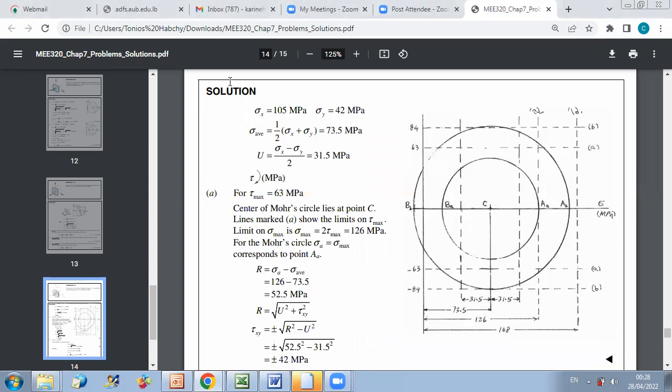So first, when you determine sigma x and sigma y, you can get sigma average. Okay, sigma average is 73.5 megapascal. So from the origin, you have a distance here equal to 73.5.